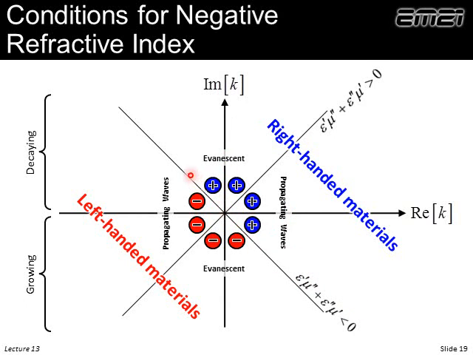So this line separates right and left-handed materials, and you'll notice it relates the real and imaginary parts of mu and epsilon, the permeability and permittivity, and we define this line slashing this region in half, and to the lower left we have left-handed, on the upper right we have right-handed.